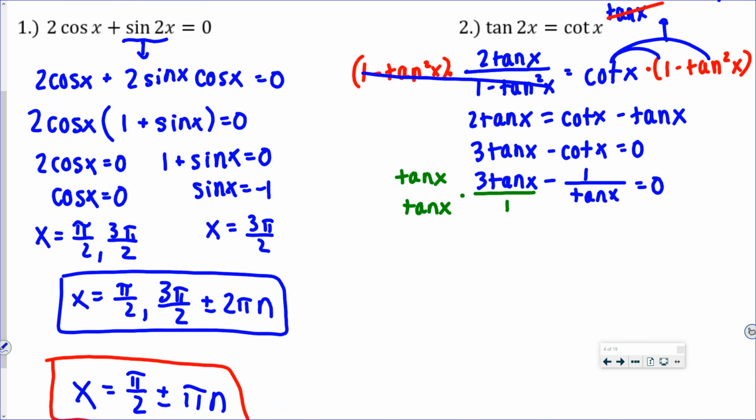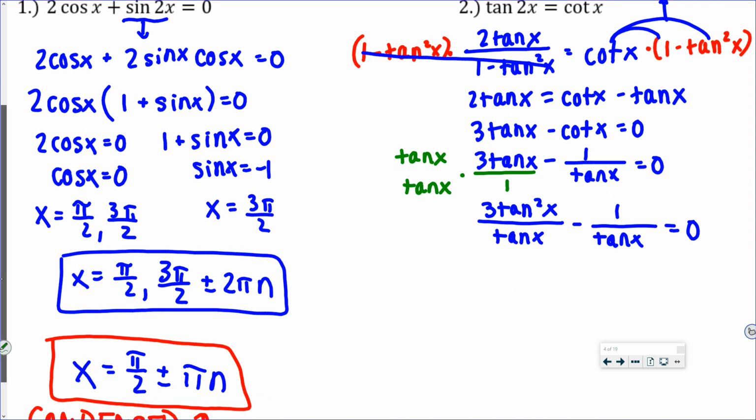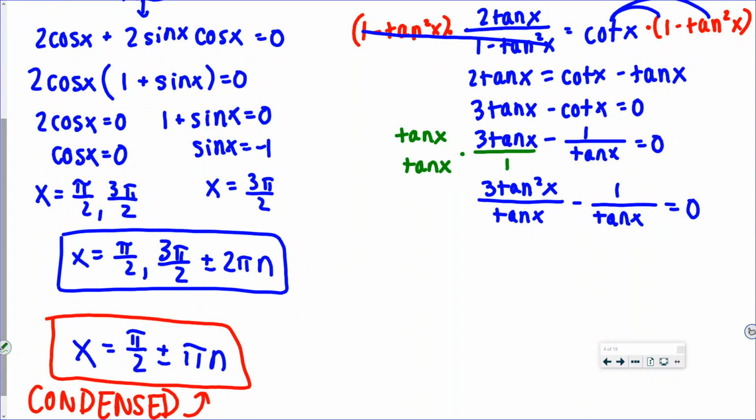And I get here 3 tangent squared of x over tangent of x minus 1 over tangent of x. Now we have common denominators.